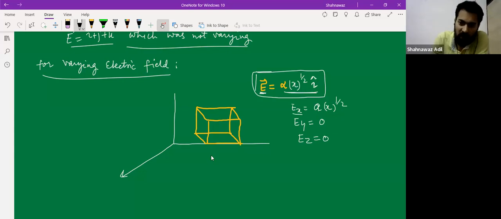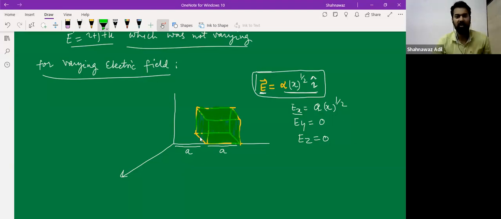So now this distance is A and this is A, right? And we have to calculate the electric flux due to this part. Okay. So let's say this is one direction E1.